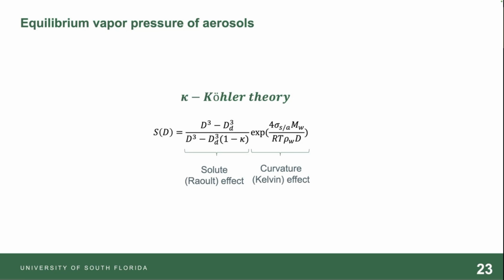And at these small scales, the curvature actually impacts the tendency of water vapor to condense onto the surface of the aerosol. And then also, if we have a highly soluble aerosol, then that will tend to pull the water vapor into the aerosol. So we can imagine that depending on the chemical composition of the aerosol, we might get different activation behavior.